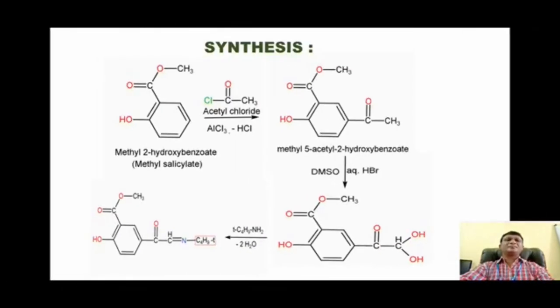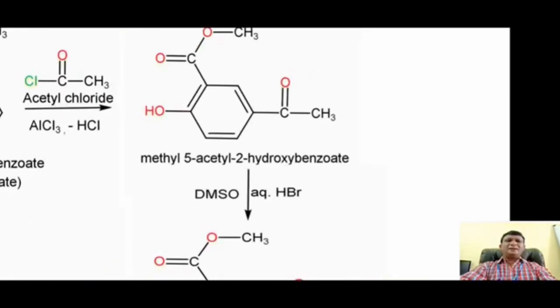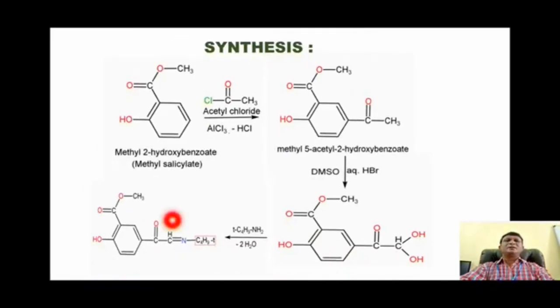In this structure you can find the presence of two double bonds over here. One is between this carbon and nitrogen and one is between carbon and this oxygen. When this derivative reacted with a reducing agent sodium borohydride, the sodium borohydride reduces this CH double bond N, that is the imine, into the CH2NH, and it also reduces this carbonyl group C double bond O into CHOH.